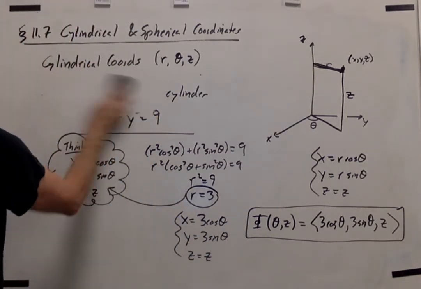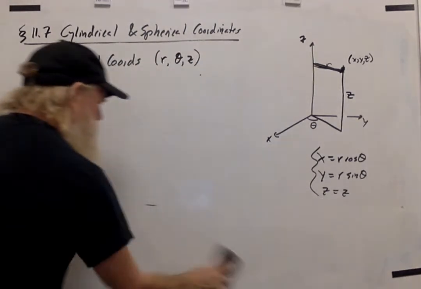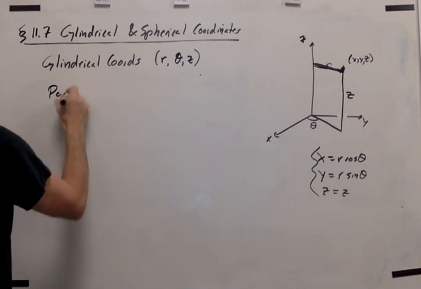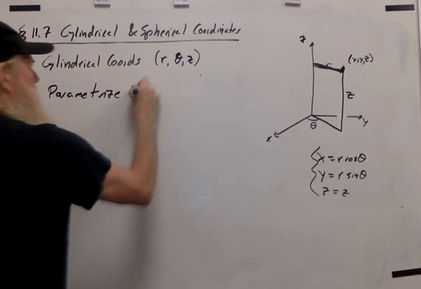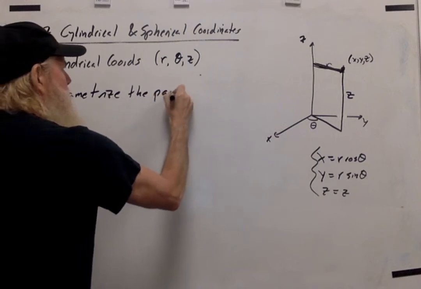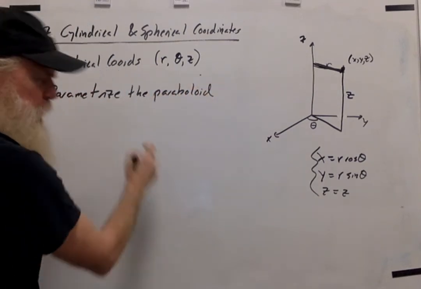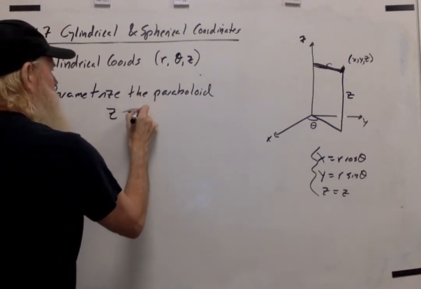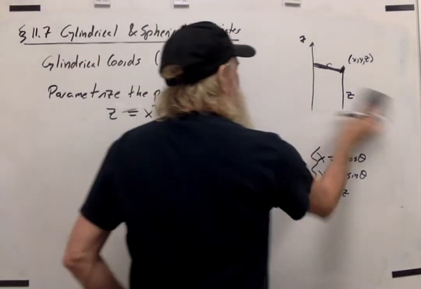Here's another example. Let's parameterize a paraboloid. Let's do z equals x squared plus y squared. Let me change my picture.